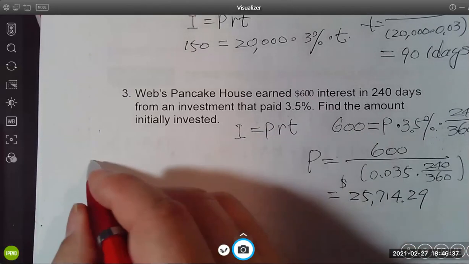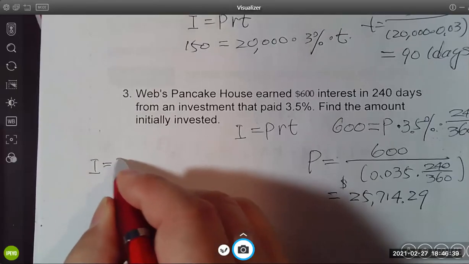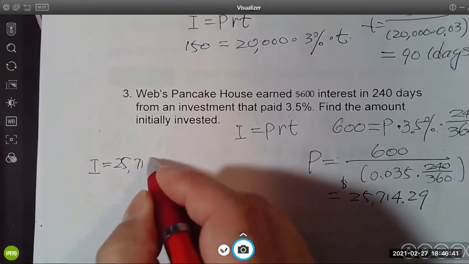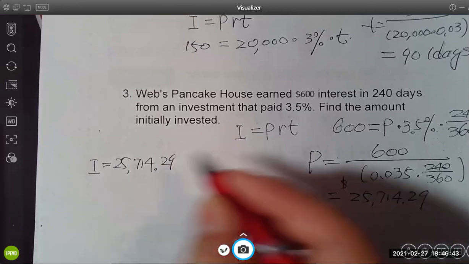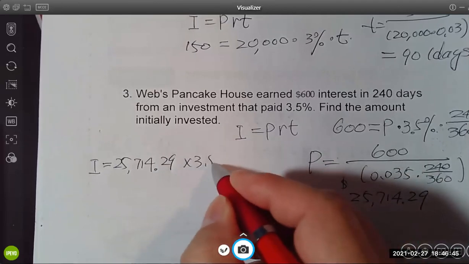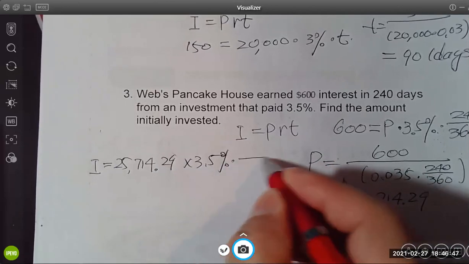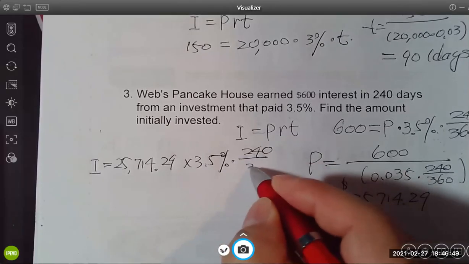Let's do that. Interest amount equals principal, 25,714.29 times 3.5% times 240 over 360.